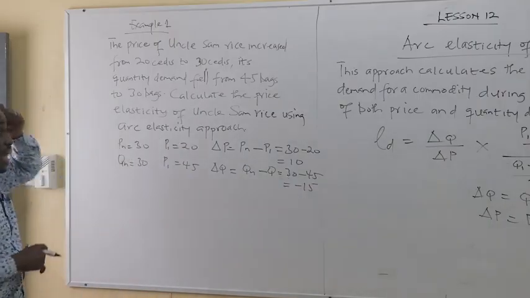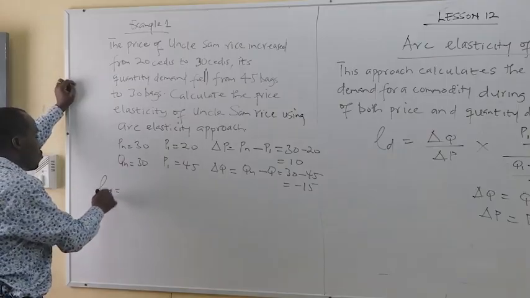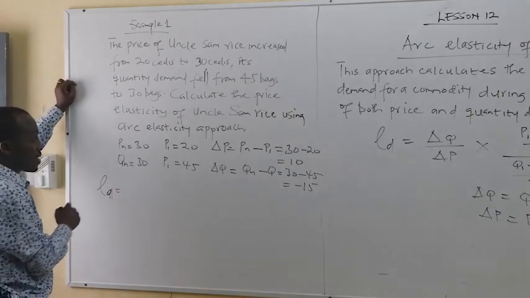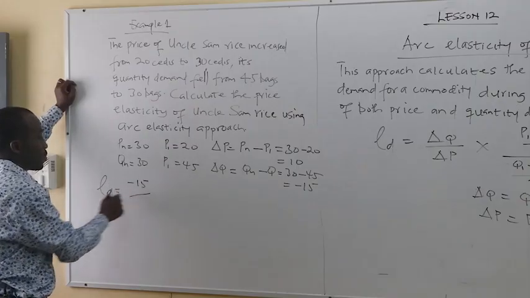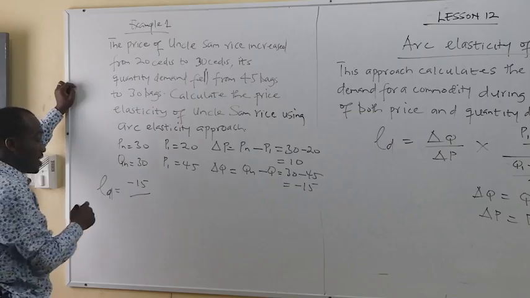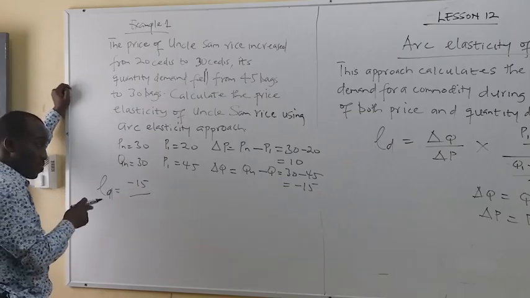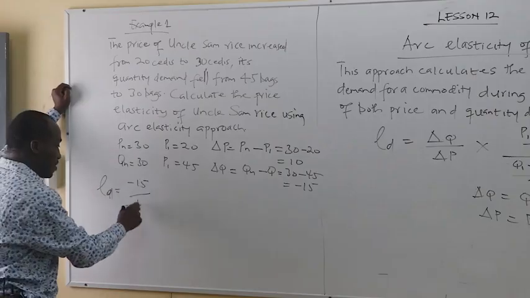So let's put that into the formula. The change in quantity is negative 15. The change in price over there is 10.